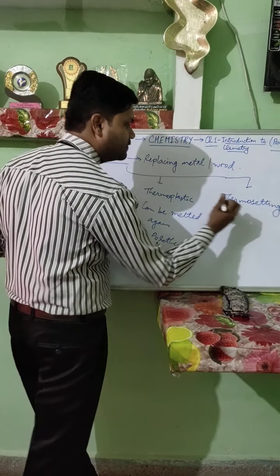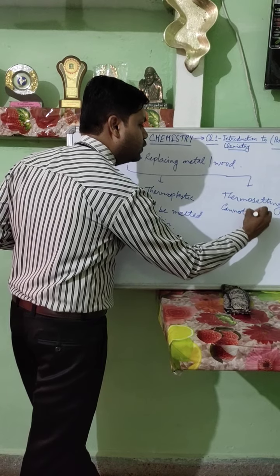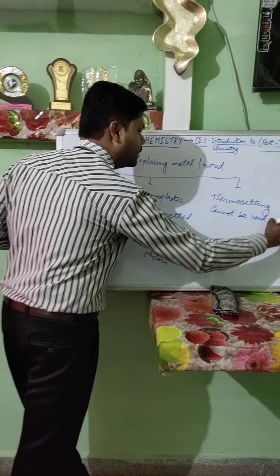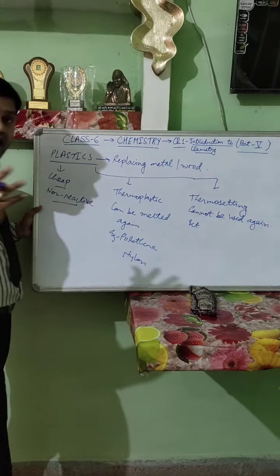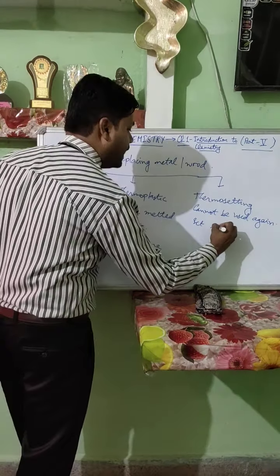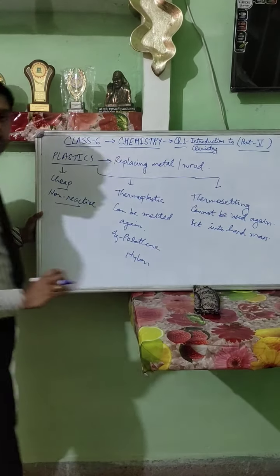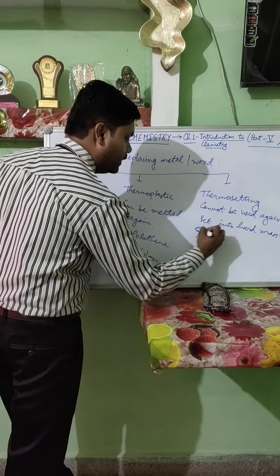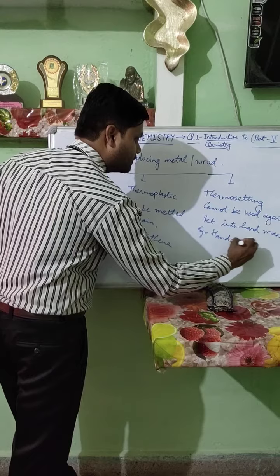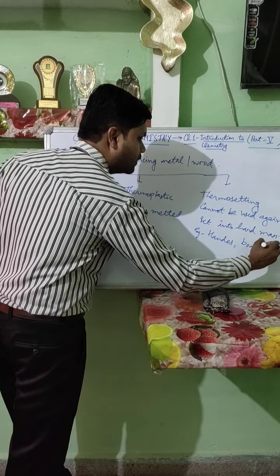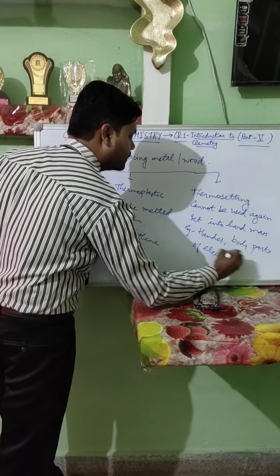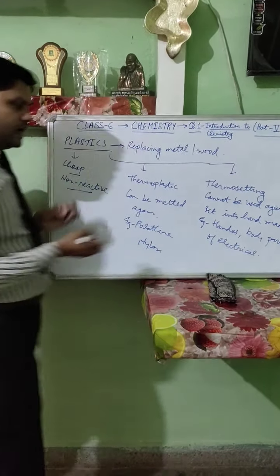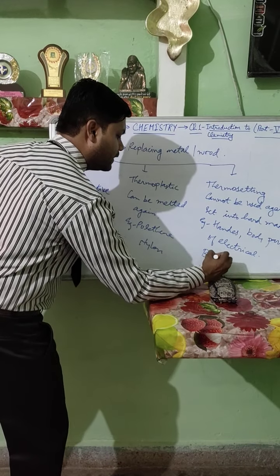But thermosetting plastics cannot be used again, because once they are used, they set into a hard mass which cannot be reused. For example, handles of cookers, body parts of electrical appliances, Bakelite. These all come in this category.